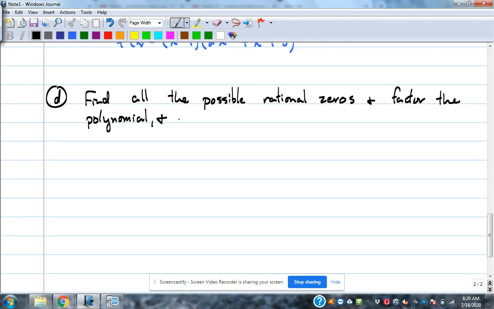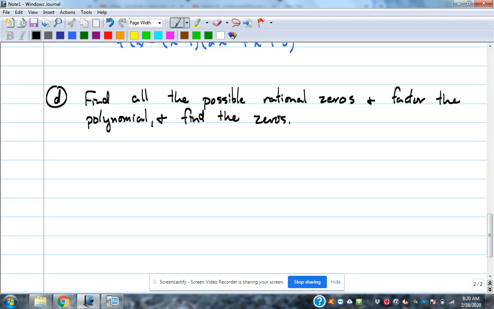And find the zeros. So two things there it says about zeros. The first part is possible rational zeros. The last part is the actual finding of the zeros.